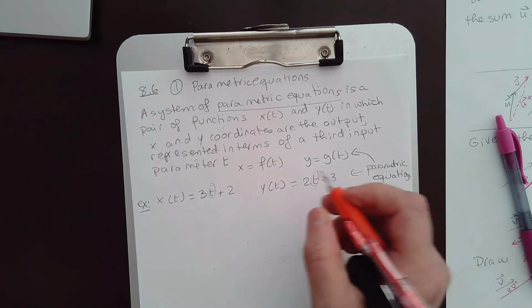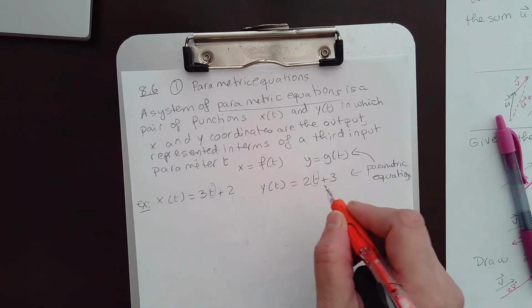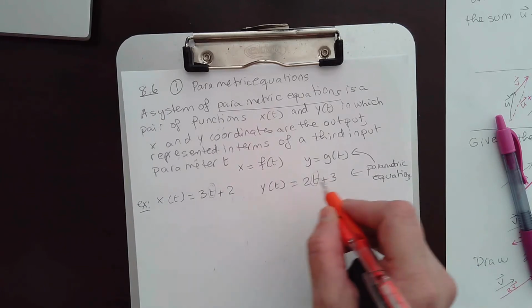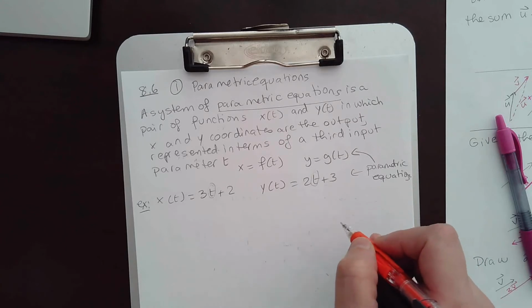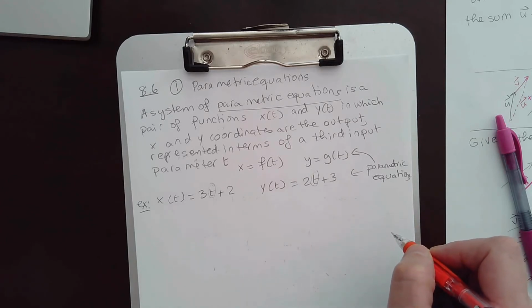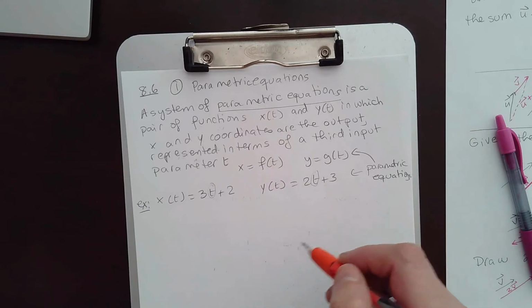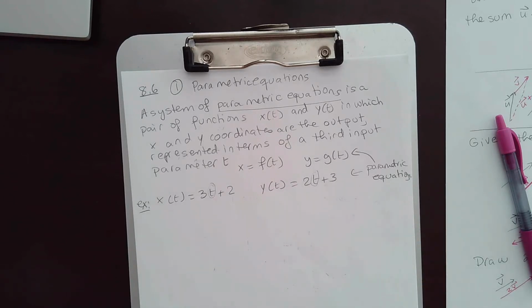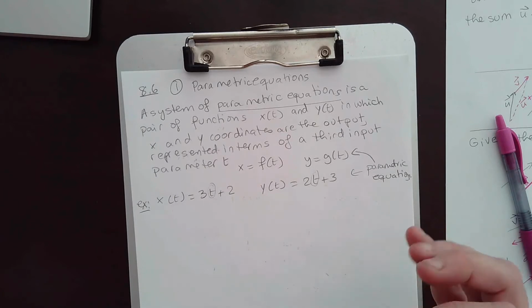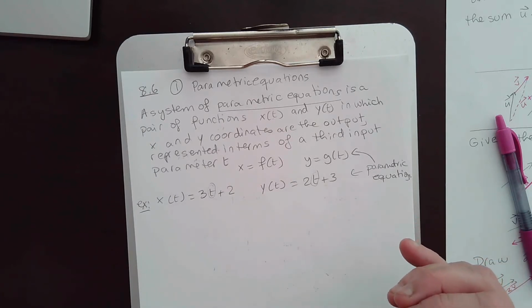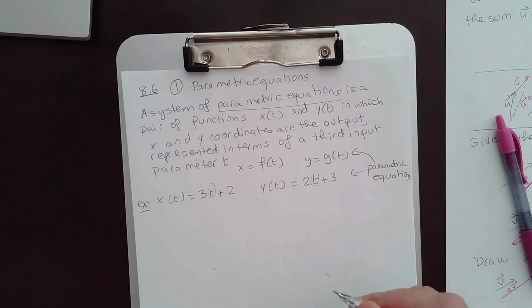Now, each value of t determines a point (x, y), which we can plot in a coordinate plane. So as t varies, the point (x, y) also varies and traces out a curve called a parametric curve. So each value of t determines a point (x, y), which we can plot in the coordinate plane.